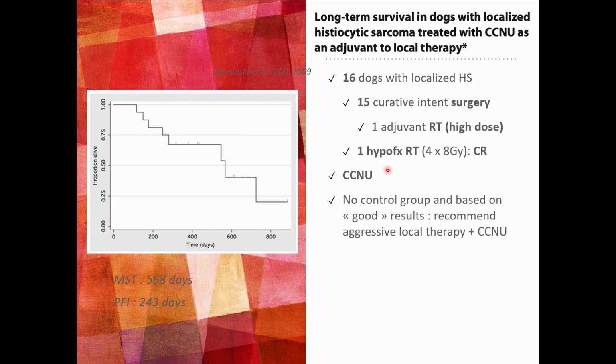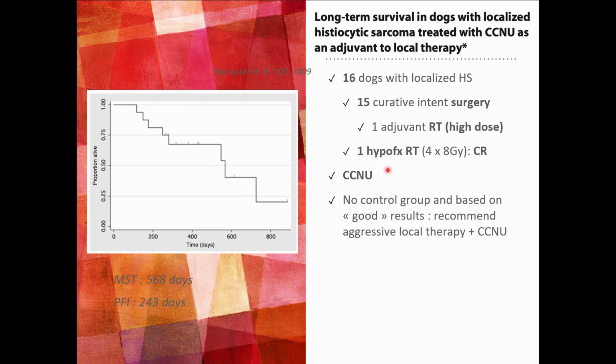Interestingly, I think in that paper is actually that one case that received only hypofractionated radiation with 32 gray in 4 once-weekly sessions without surgery, and actually achieved a nice, complete, and durable remission. All these dogs received, obviously, CCNU. But there's no control group.